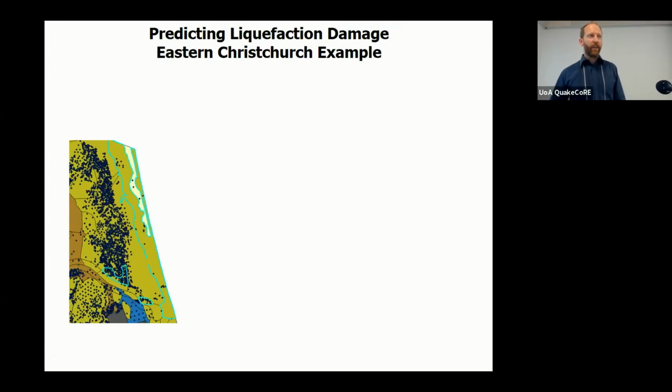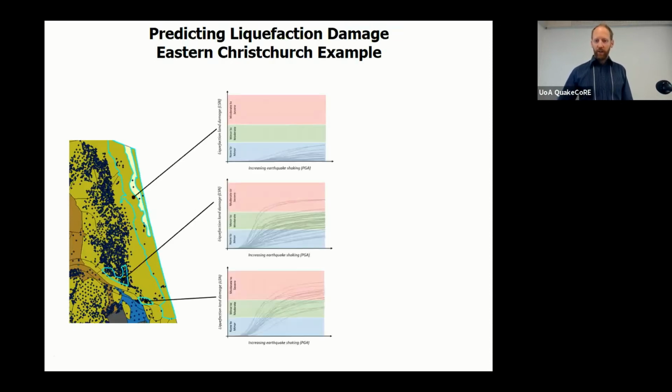Now we can look at different areas and group different areas together based on similar geology, geomorphology, and collate those tests together, and we actually see that different areas produce different curves. So we can see the area of coastal dunes where the depth of groundwater is higher, where the penetration resistances are higher, and just the sands are a lot denser, that at high shaking intensities we don't predict any liquefaction.